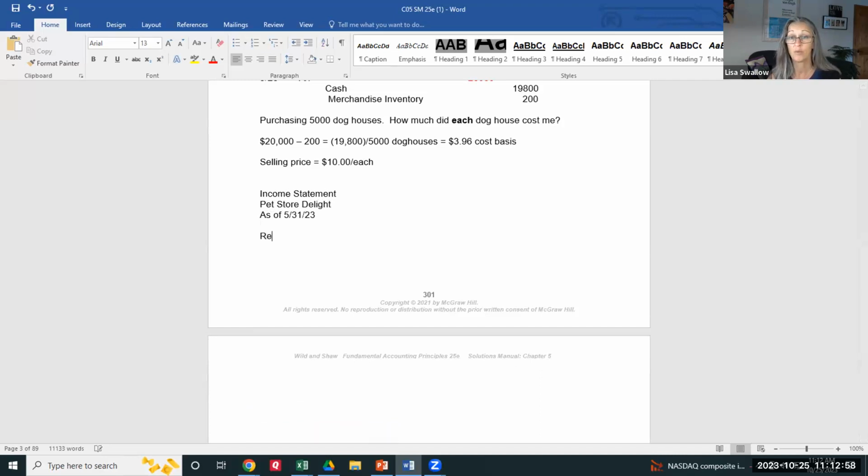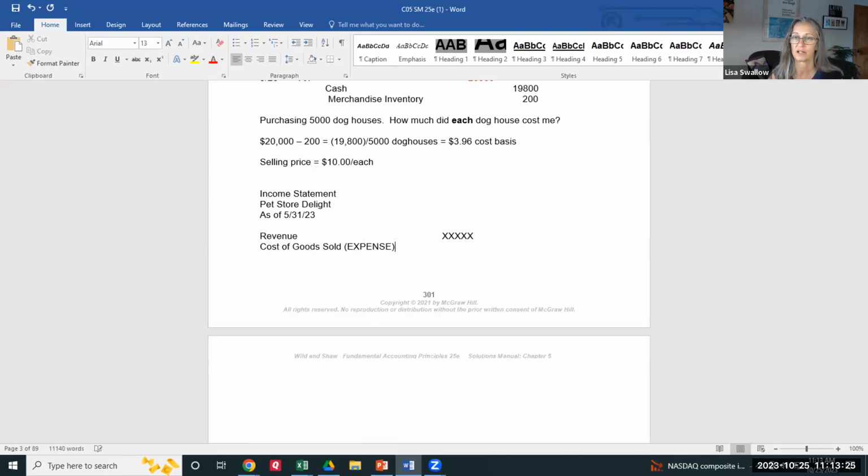But now the top of my income statement is going to look different. It's going to have the revenue, like normal, right? But underneath it, rather than going straight into all my other expenses, my rent, my utilities, my wages, my interest, and all that, the first expense that I'm going to subtract is cost of goods sold.